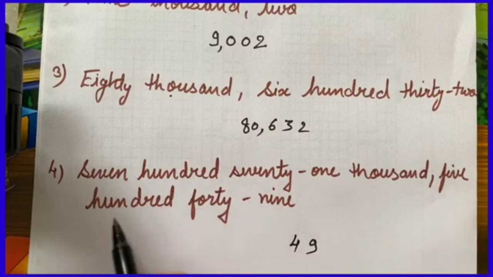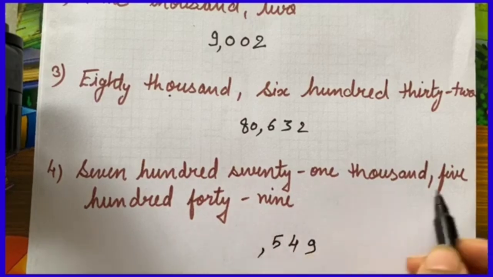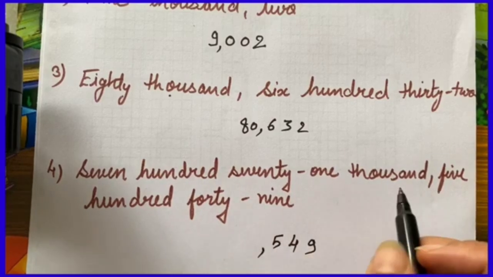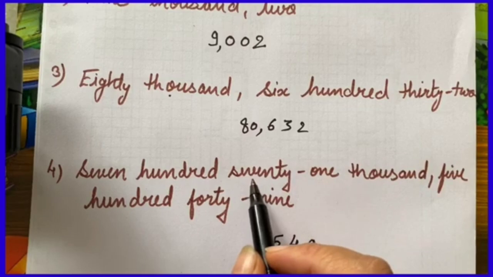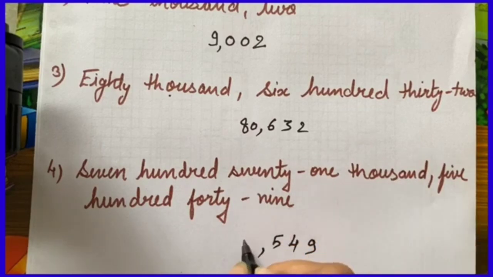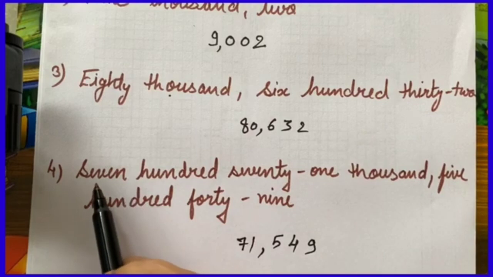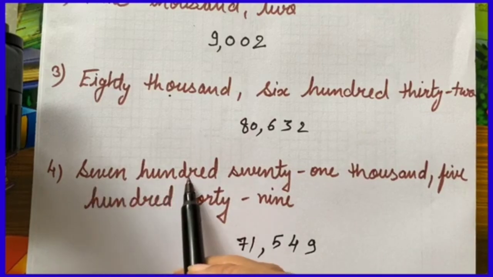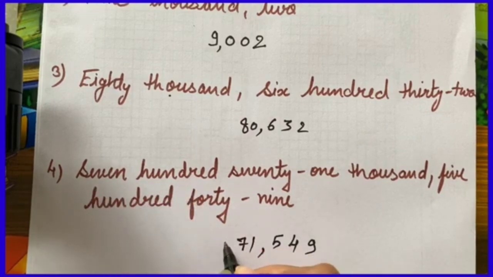Now how many hundreds? 5 hundreds. Right. Now we'll put the same comma here again. What is written here? 71,000. How many thousands? 71,000. Then it is written 700. How many hundreds? 700. So it is 771,549. Thank you.